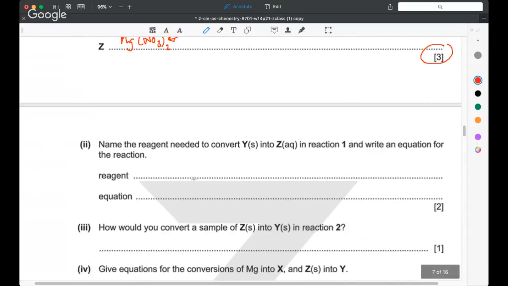All right, so we've got to think of a reagent to convert magnesium oxide into magnesium nitrate. Well, again, I think these are easy marks, aren't they? Another 2 marks. The reagent is nitric acid, HNO3, and the equation is you've got the magnesium oxide and you've got the nitric acid, and we know that that's making magnesium nitrate.